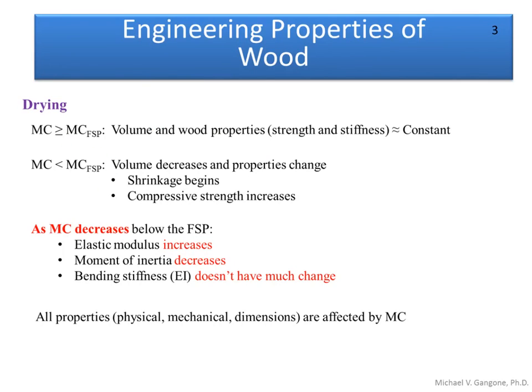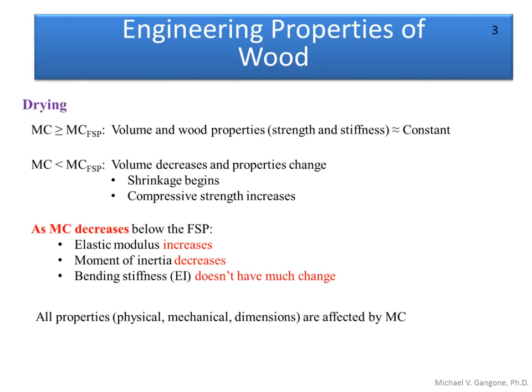However, if you go the other way and take a moisture content at say 25%, as your fiber saturation point, and you're going down to say 20%, well, that decrease in moisture content will help increase the strength. So you're going to see an increase in the strength of the wood as the moisture content decreases below the fiber saturation point, but you're also going to start to see shrinkage develop. Again, keep in mind what's happening here.